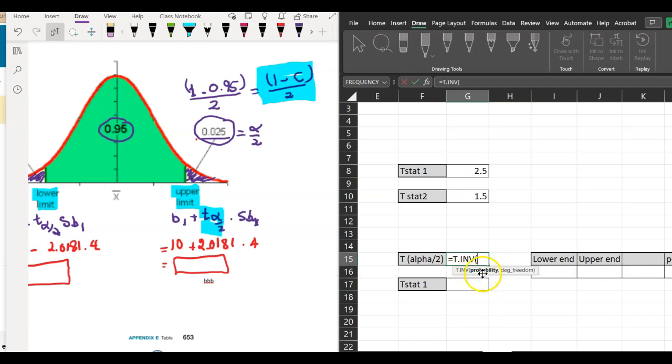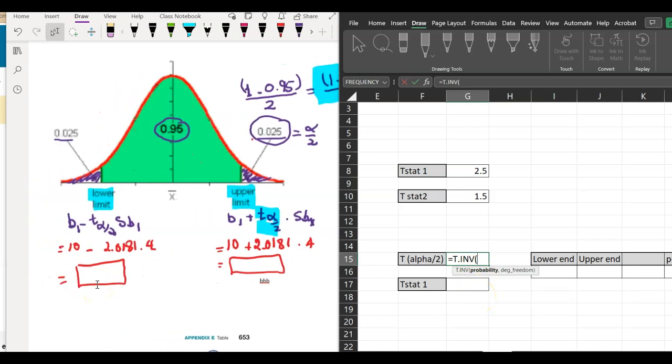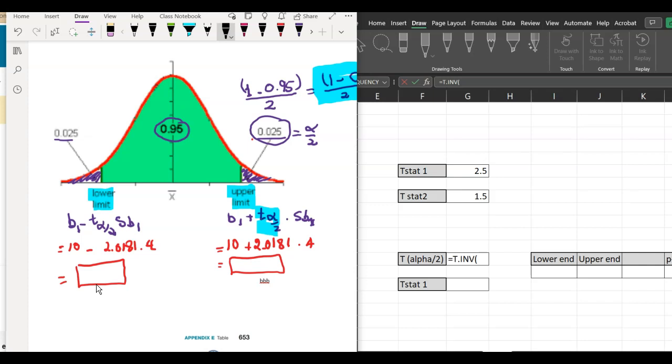So the probability that you're looking for here, you are going to give to Excel all the left tail, which means I'm going to draw it here. So you're going to give it all this tail from here to here and ending this way. So what you're looking for is this value, that's the T critical, or T alpha over 2.